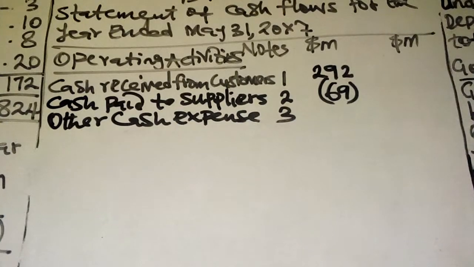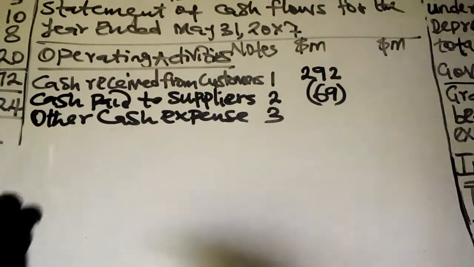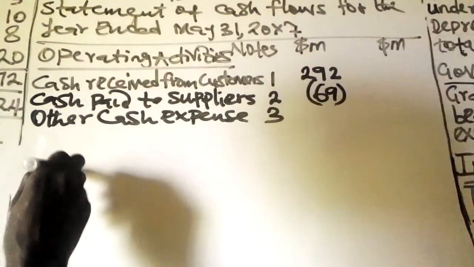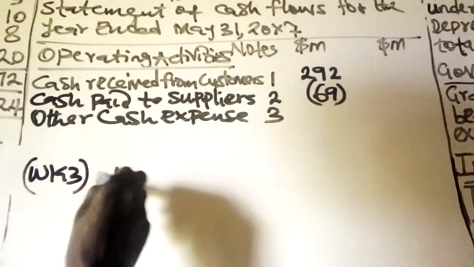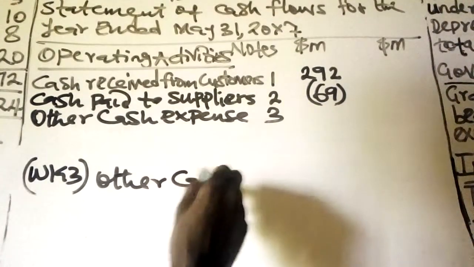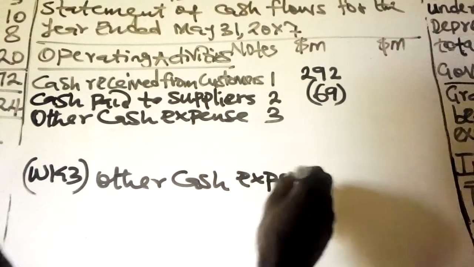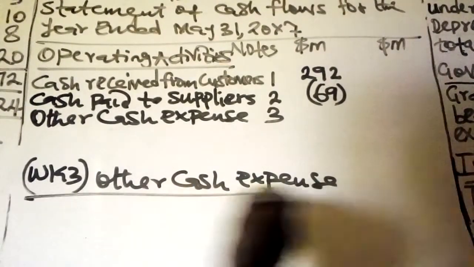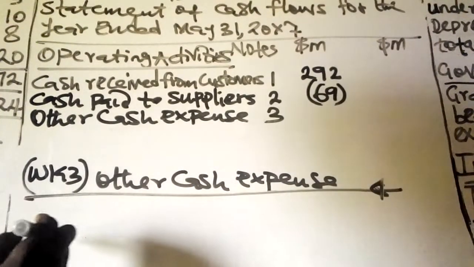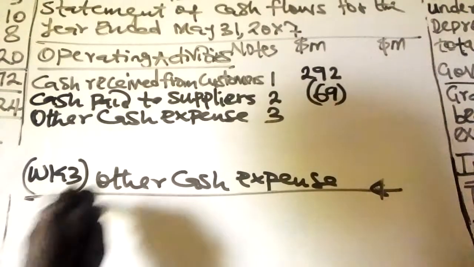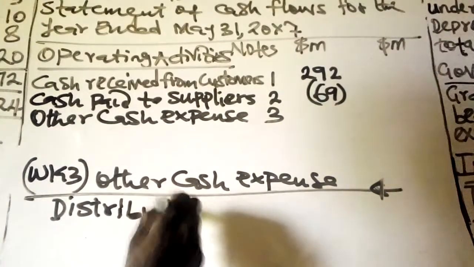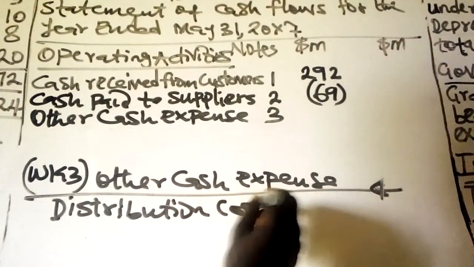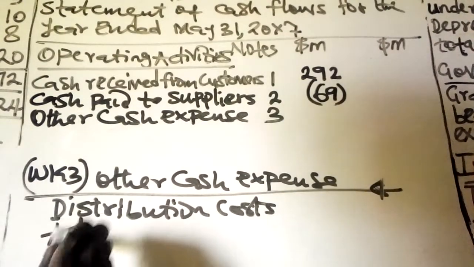I've told you that the items that will fall under this heading, working 3, other cash expense, are distribution expenses and administrative expenses.